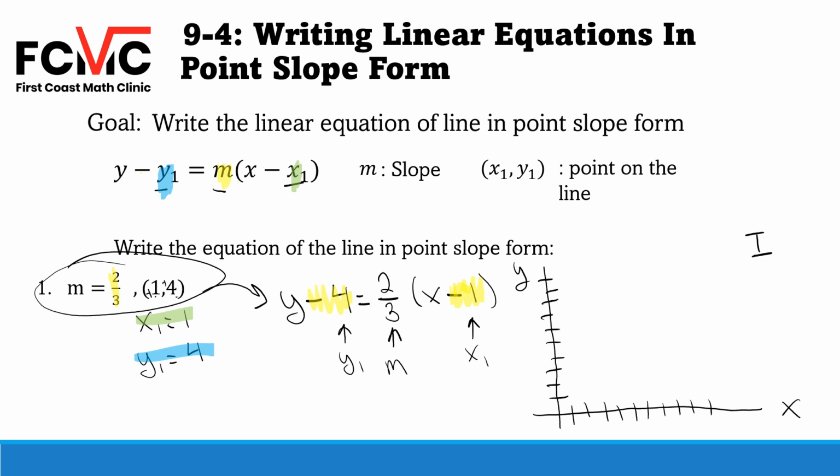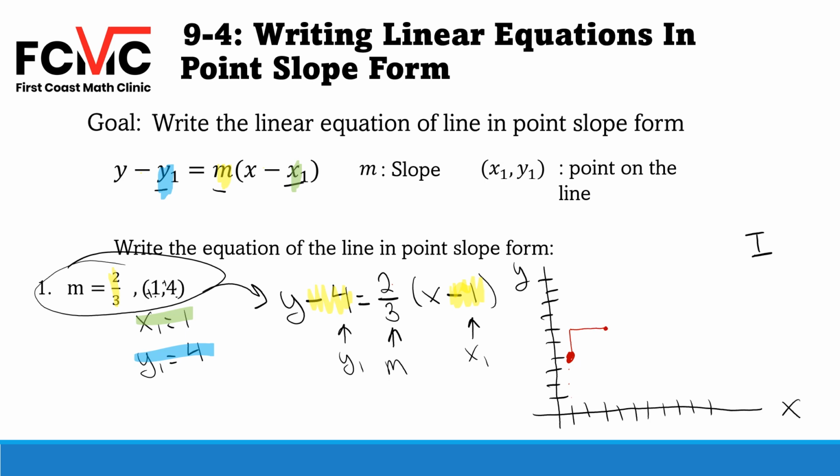Draw some tick marks. So x is 1, y is 4, 1, 2, 3, 4. So that's my initial point, and then my slope, 2/3. So I'm going to go up 2 over 3. So up 2, 1, 2, and then over 3, 1, 2, 3.